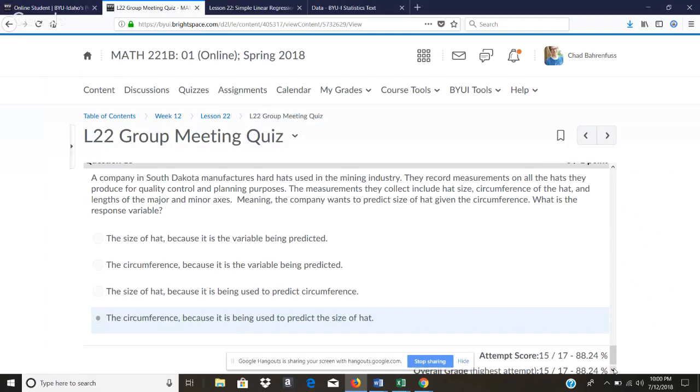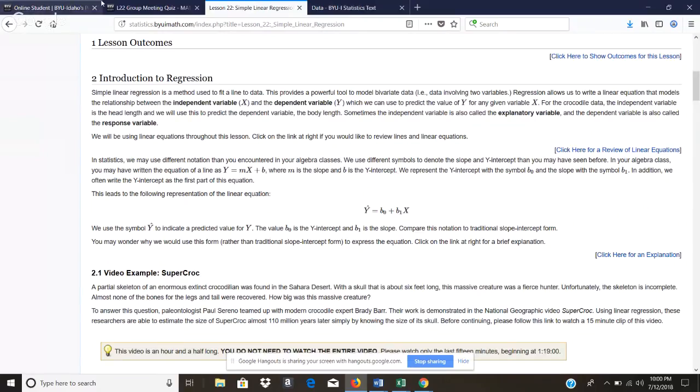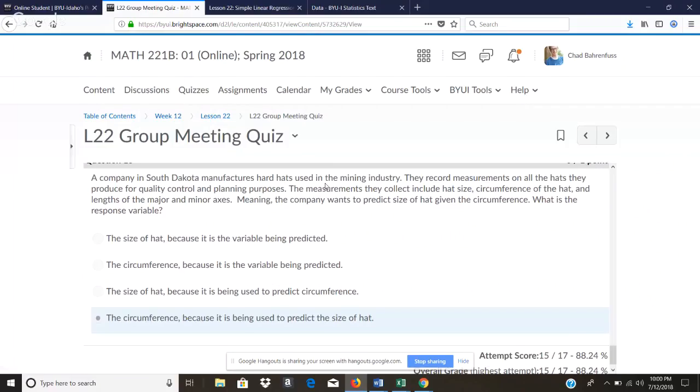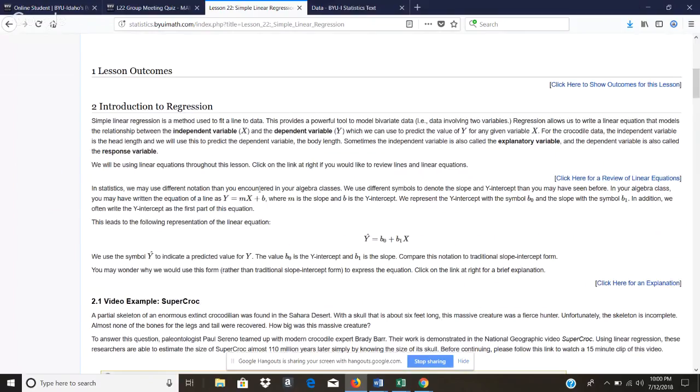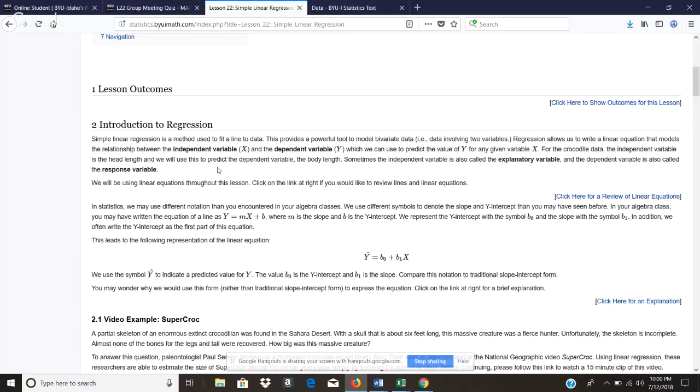What's the first one? So I was just like, well, the company wants to predict the size of the hat given the circumference. The response variable is the variable of which you ask the question. If you go all the way to the top here, it talks about the crocodile they use. The independent variable is the head length, and you will use this to predict the dependent variable.